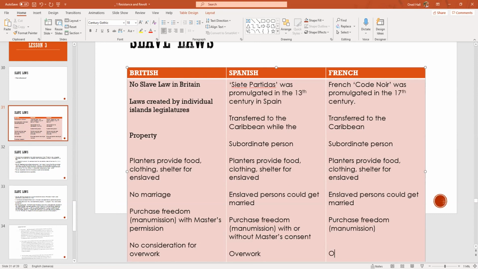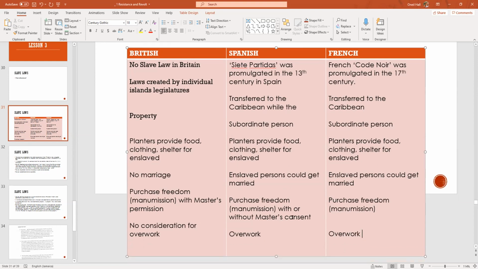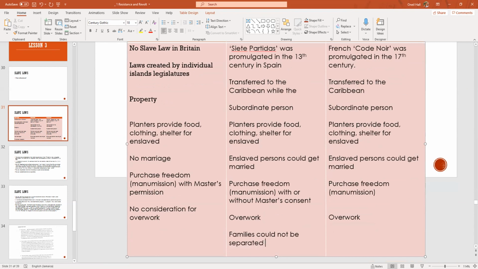What about separation of families? Who encouraged family life, that you could not separate families? The Spanish. So, under the Spanish, the same thing for the French, correct?